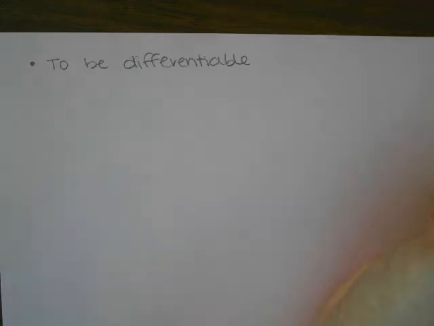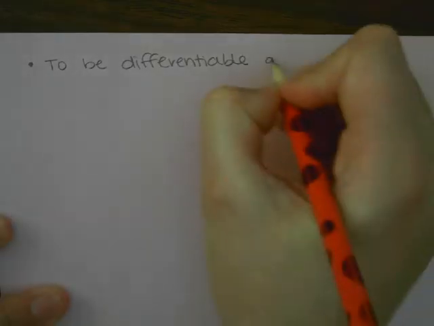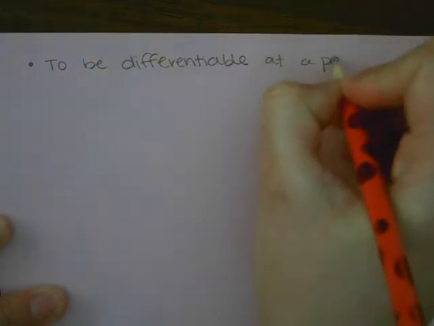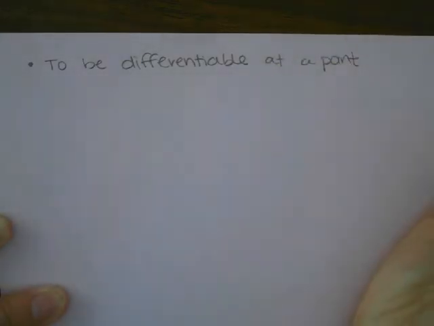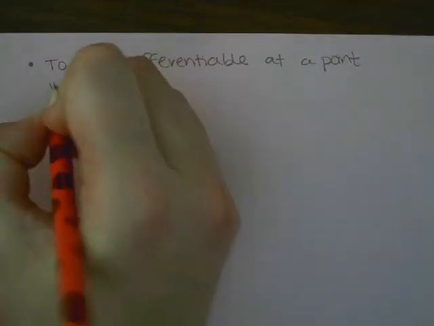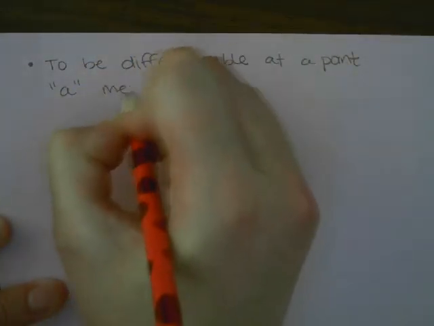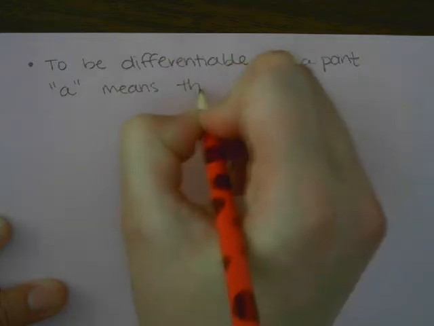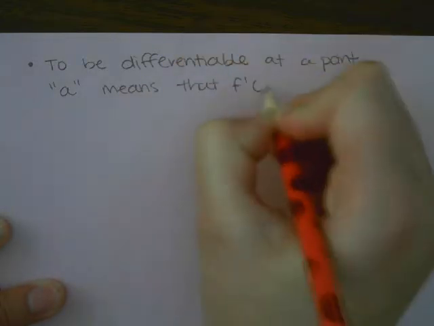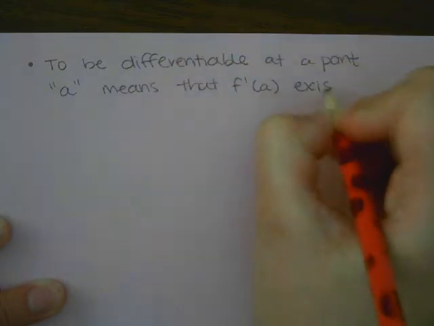So to be able to differentiate something, to be differentiable at a point, and we're going to call the point A, means that f prime of A exists.